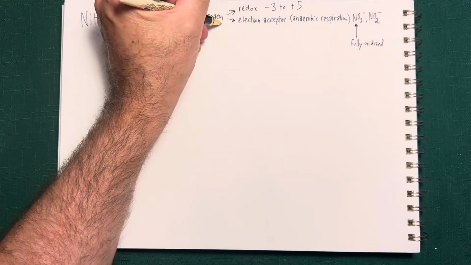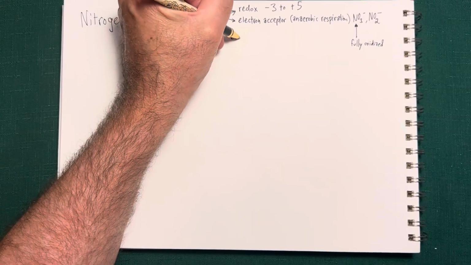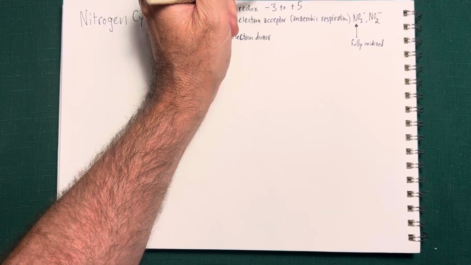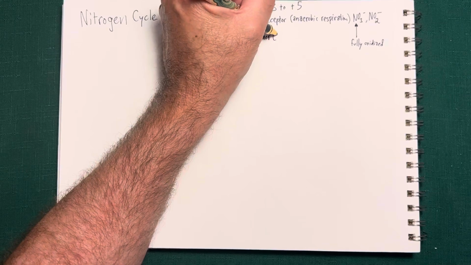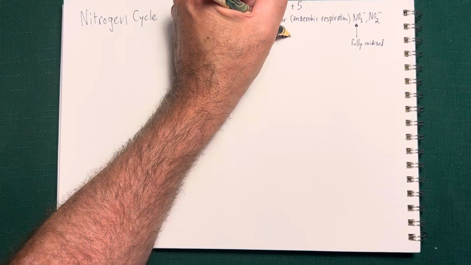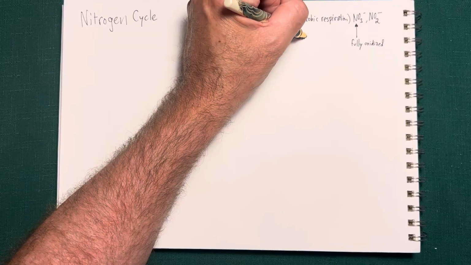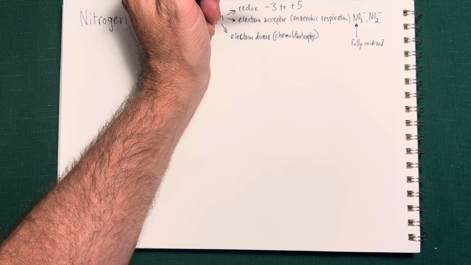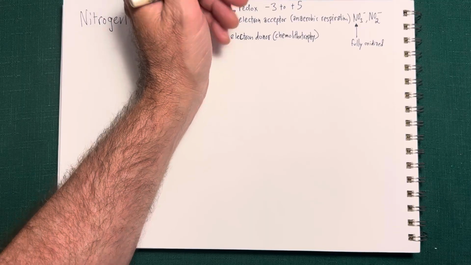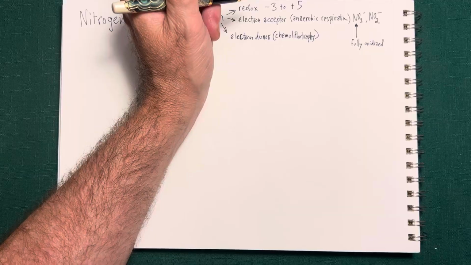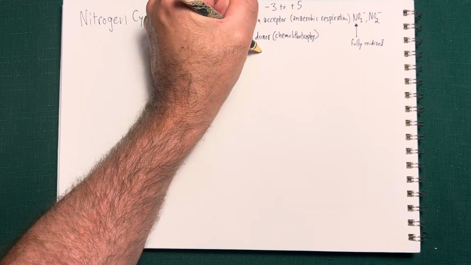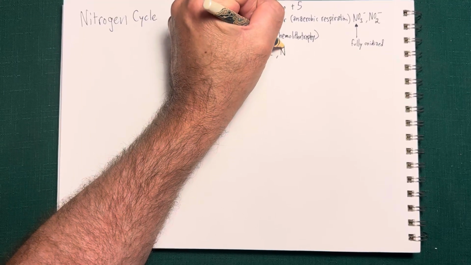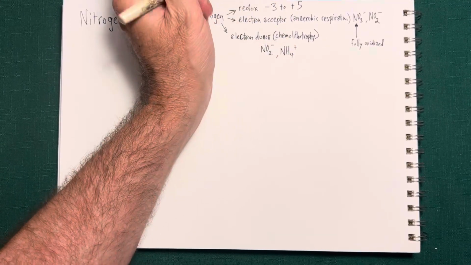So nitrogen can also serve as an electron donor, and this is done through chemolithotrophy. When it donates electrons, it does this as nitrate or as ammonium.